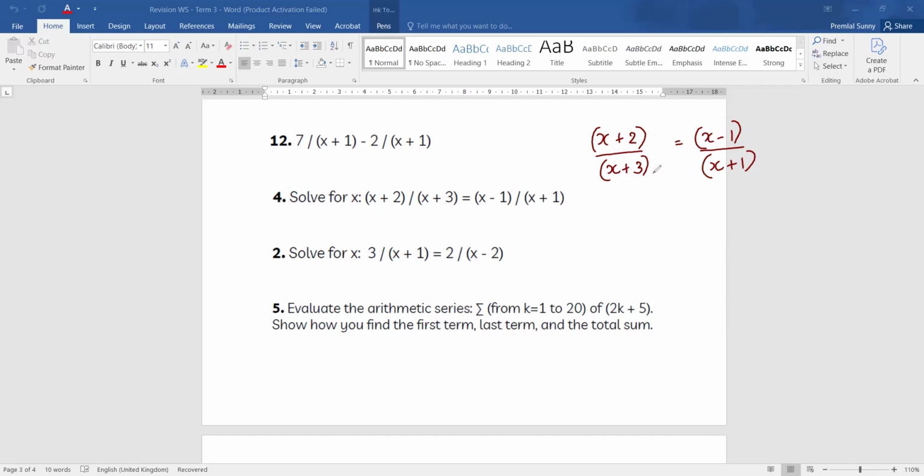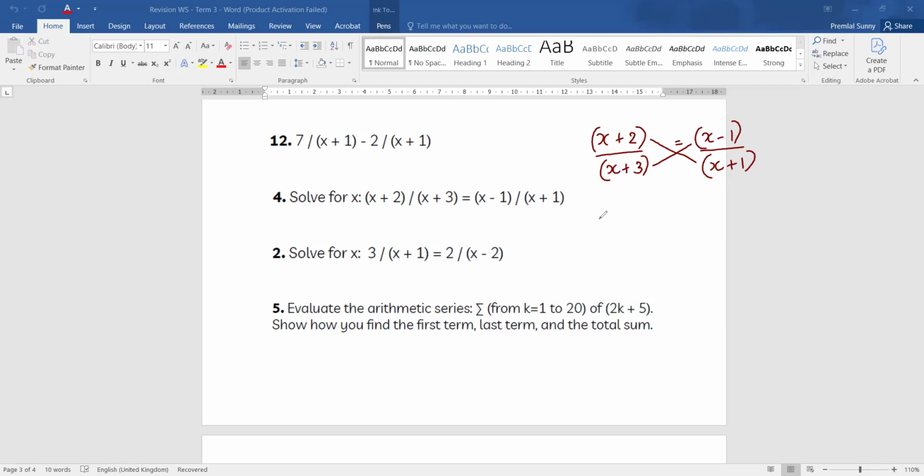So here you have one fraction, here you have another fraction. So if you have two fractions and in between an equal to sign, the method that we use is cross multiplication again. So x plus 2 is getting connected to x plus 1.